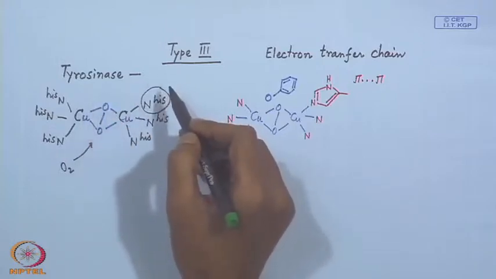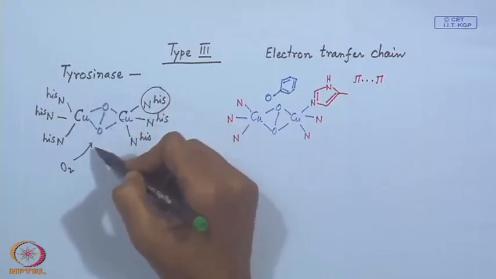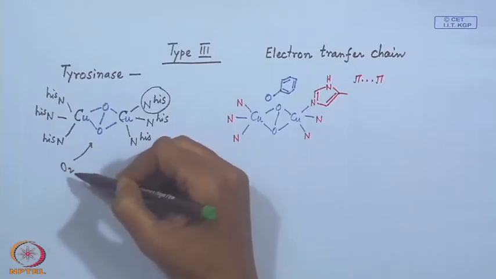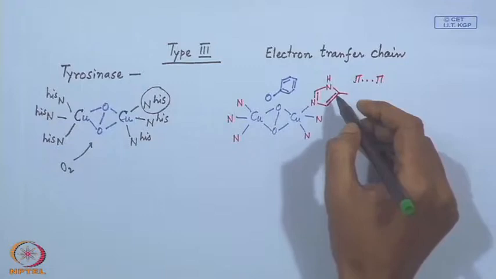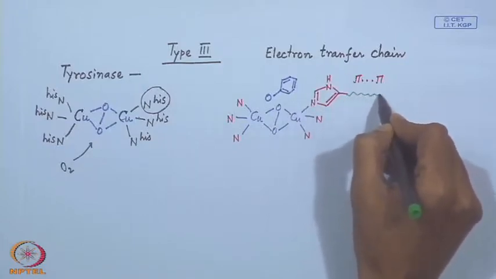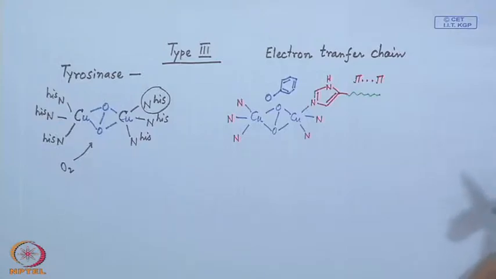Then it goes to the cupric state with the transfer of electrons to the dioxygen molecule, slowly becoming the peroxide part. But it is not that it is one part of the long protein chain.